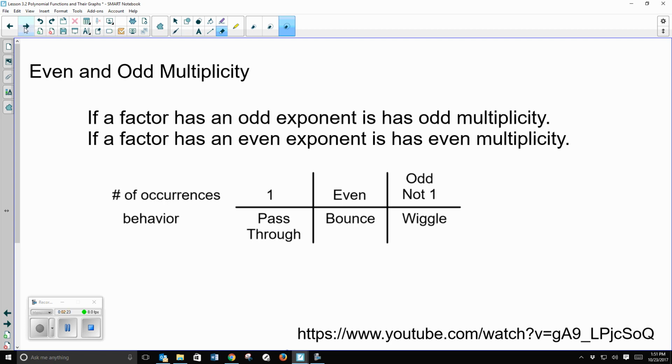Even and odd multiplicity. So let's look here at the, well, I guess what I need to do to explain this better is give you factors. So did everybody get this written down? We'll apply this whenever we work a problem in a minute instead of me just making up stuff and taking extra time.